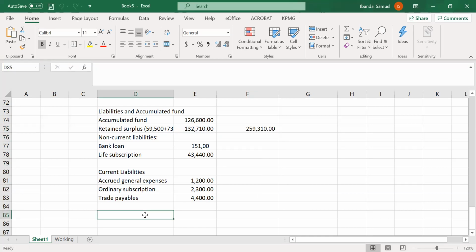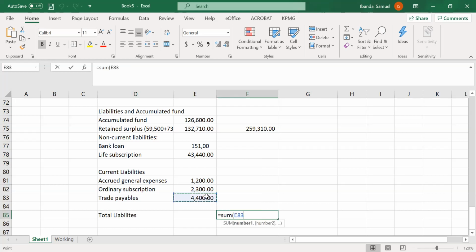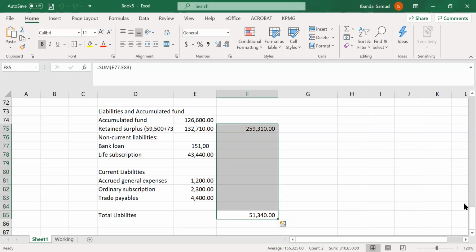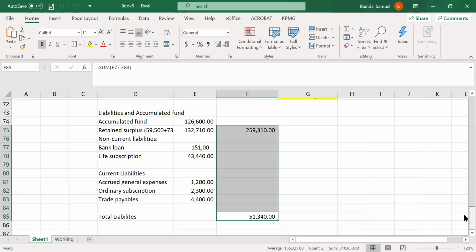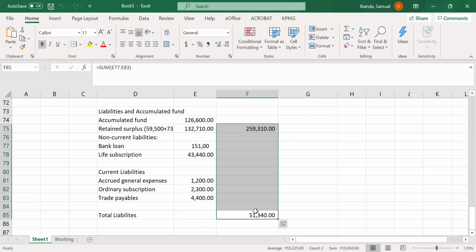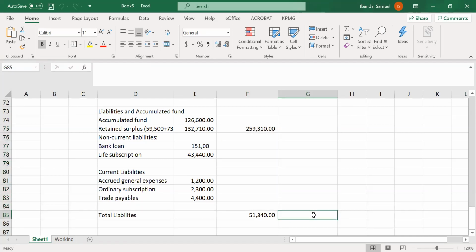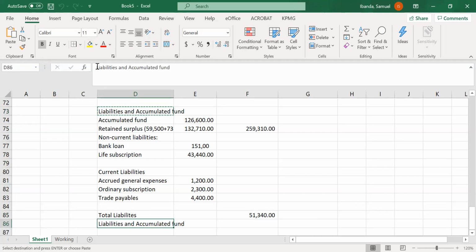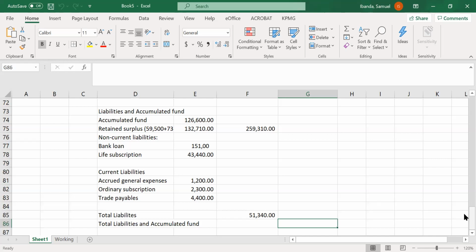Then under my total liabilities, get a wholesome figure for all of them, but you can get the totals for each of them. When I get the total of these two values, it gives me the total of liabilities and accumulated fund, which is the sum of this.